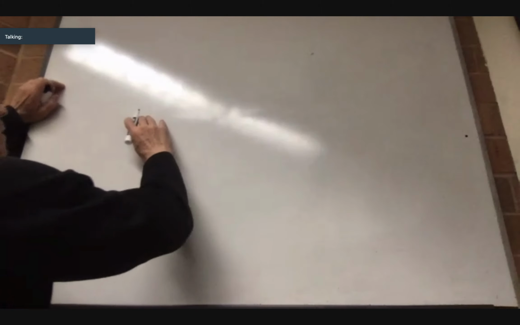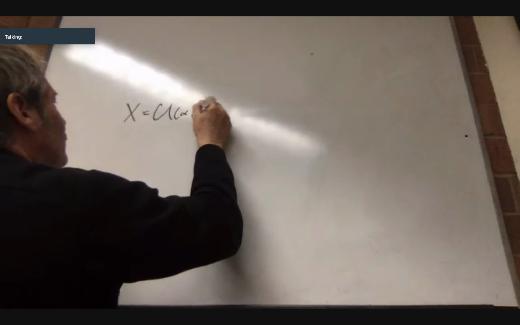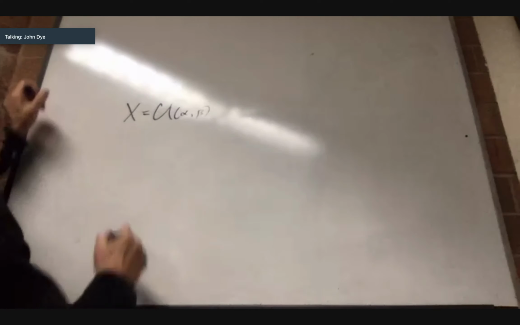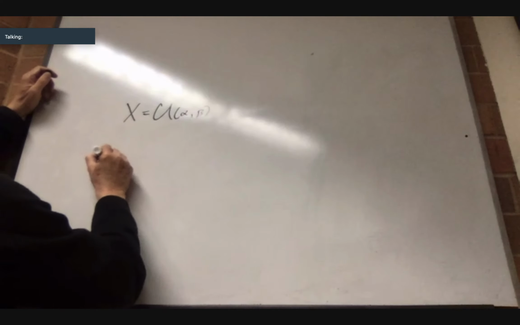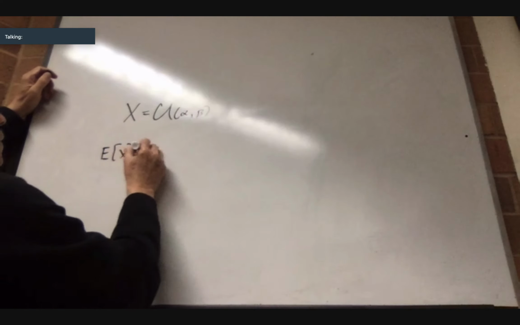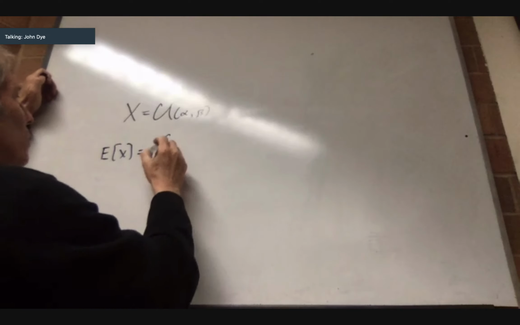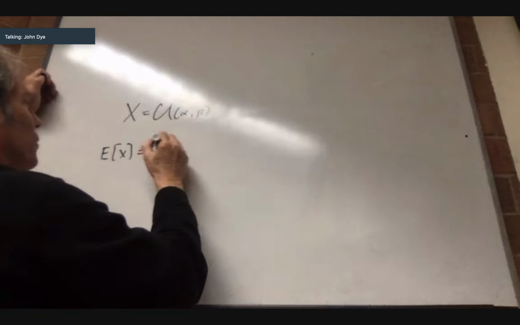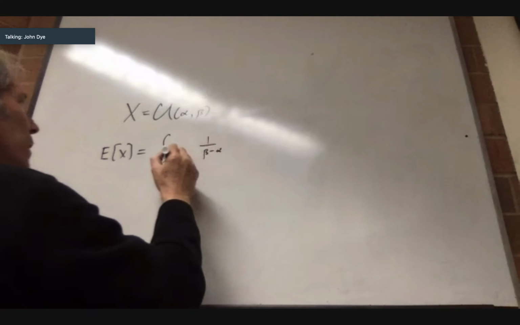So let's see if I can figure this out. X is uniform on alpha to beta. Let's make the calculation. So the expectation is going to be what? Well, the density function for this is 1 over beta minus alpha.